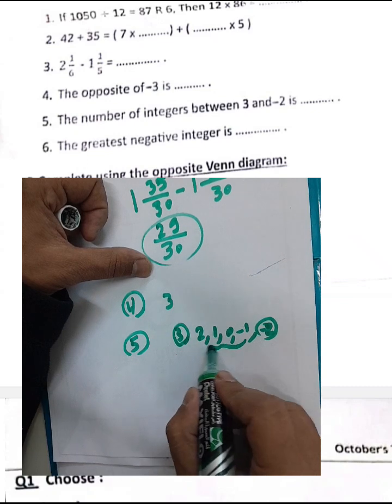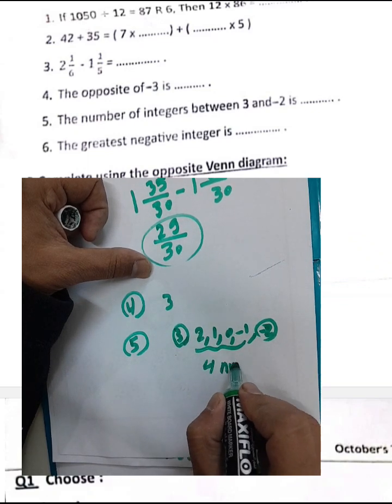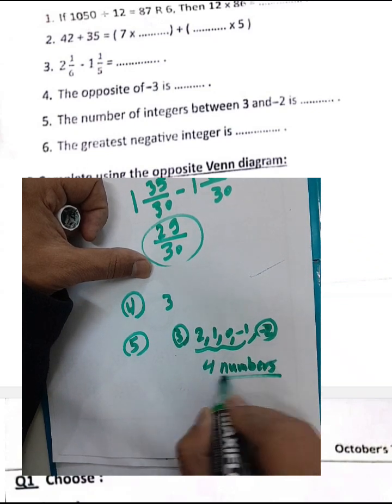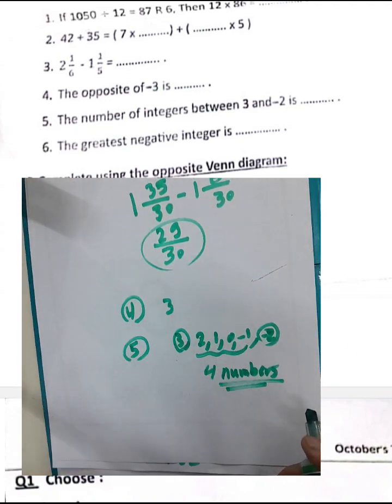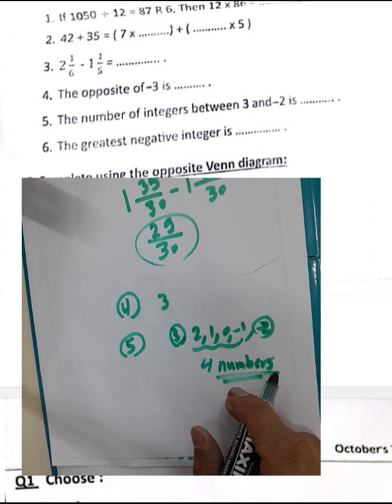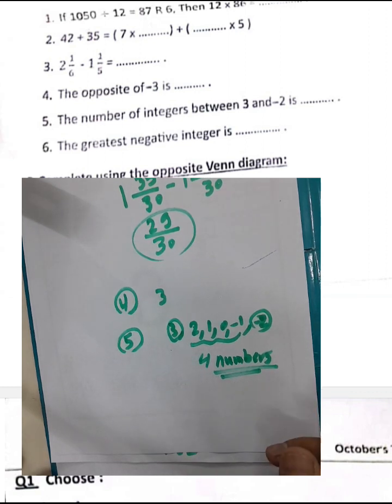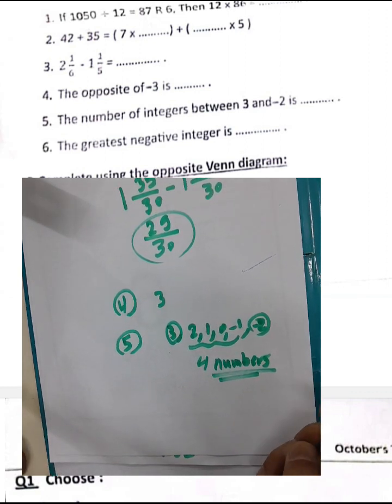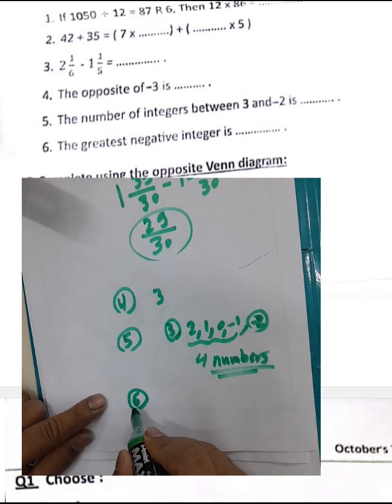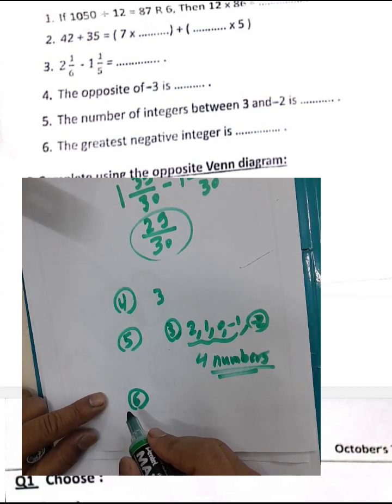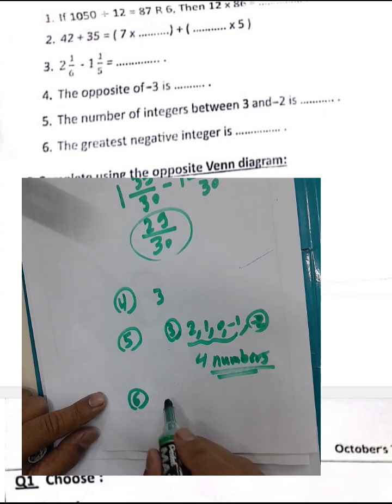We have 4 numbers: 1, 2, 3, 4. Between 3 and negative 2, we have 4 numbers. Understood? Question 6. The greatest negative integer will be negative 1.